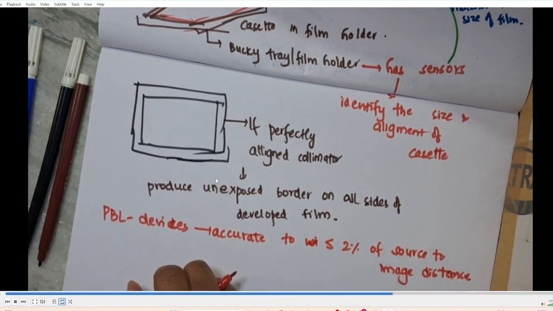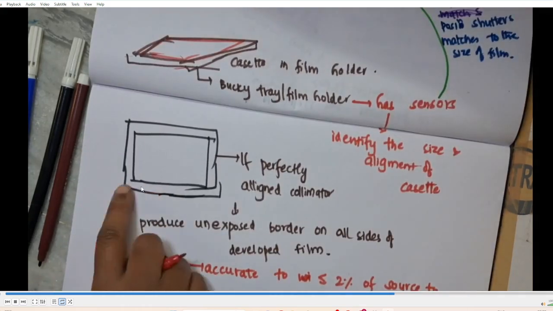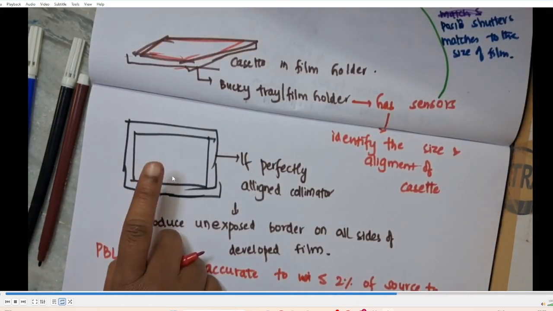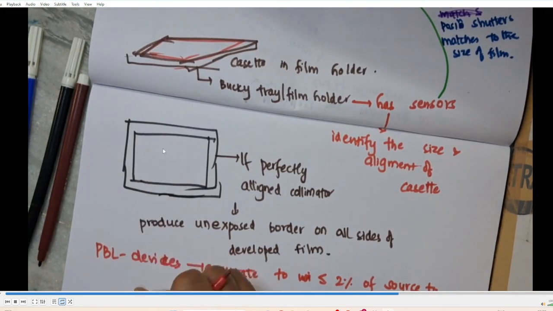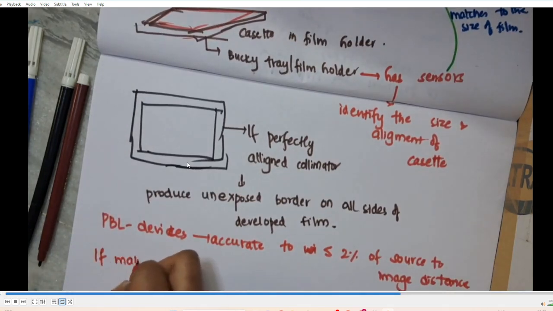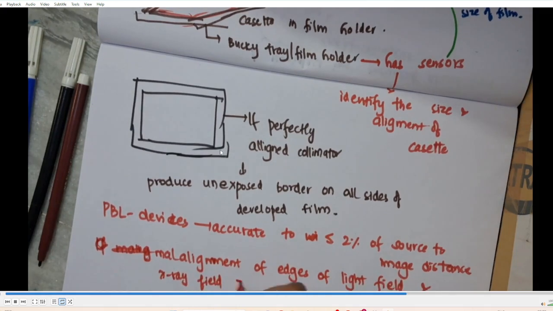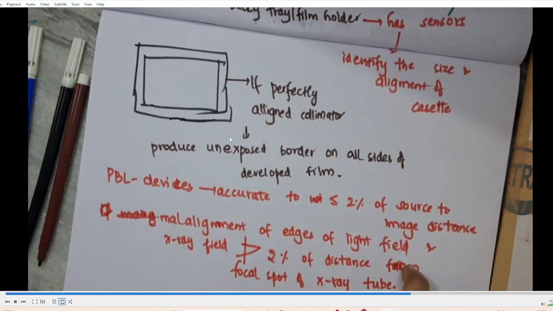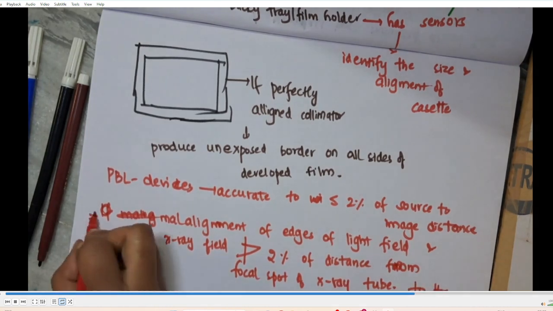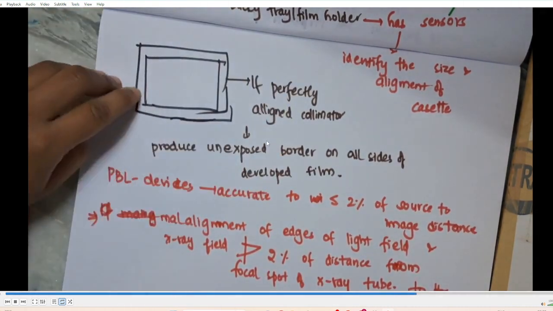It is required that the total misalignment of the edges of the light field with respect to the edges of the X-ray field, along the length or width, should not be greater than 2% of the distance from the focal spot of the X-ray tube to the center of the field.